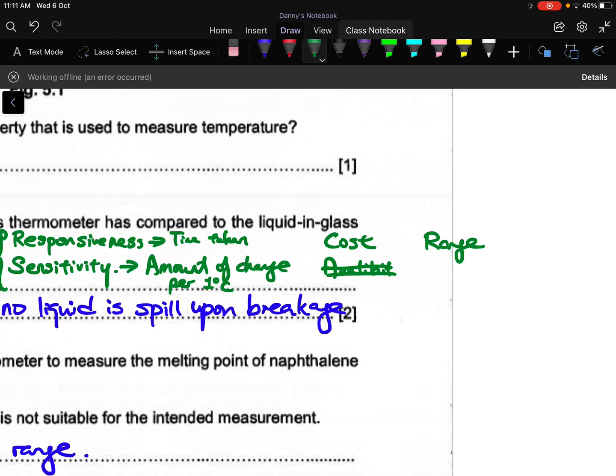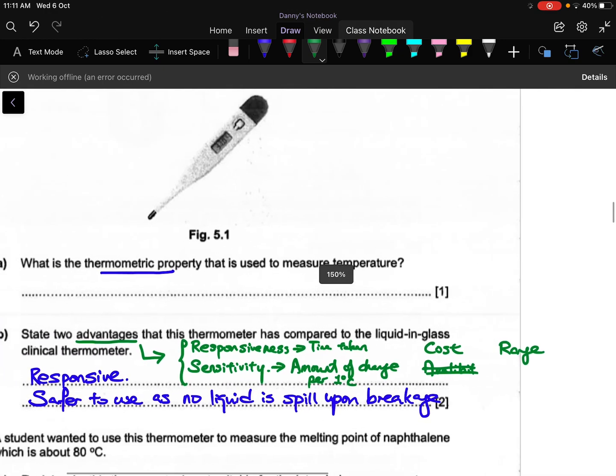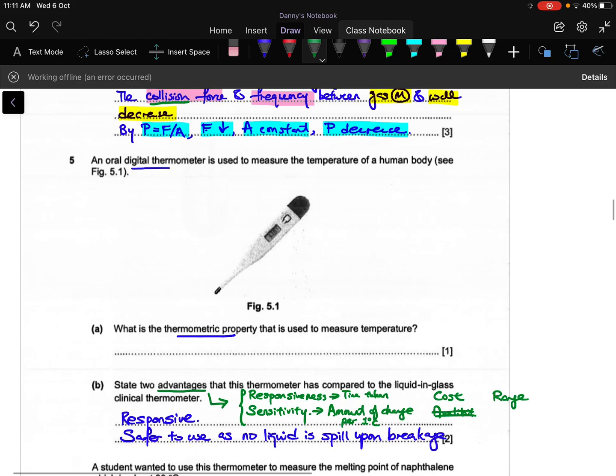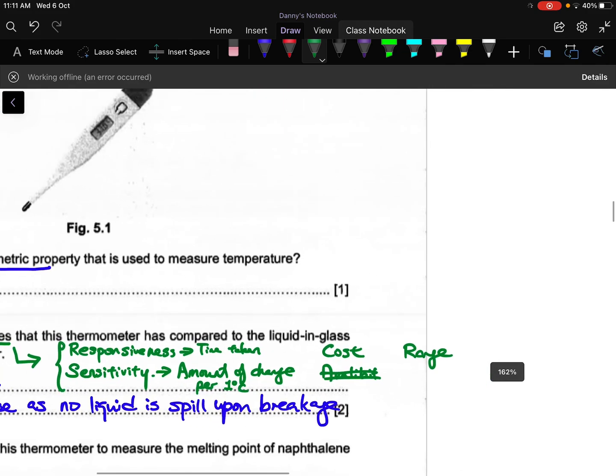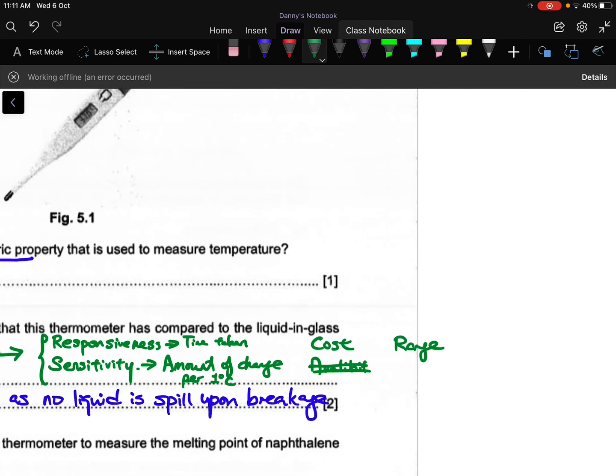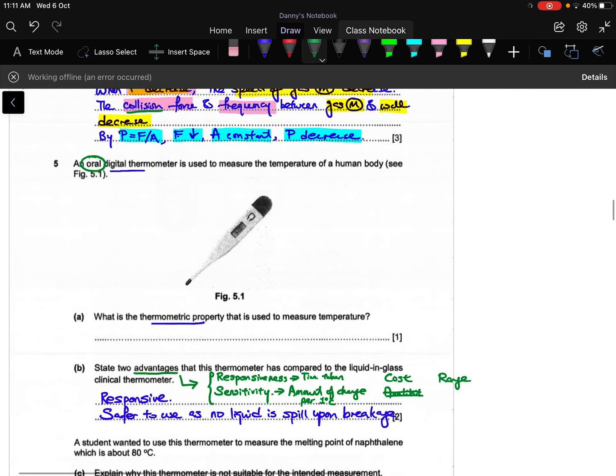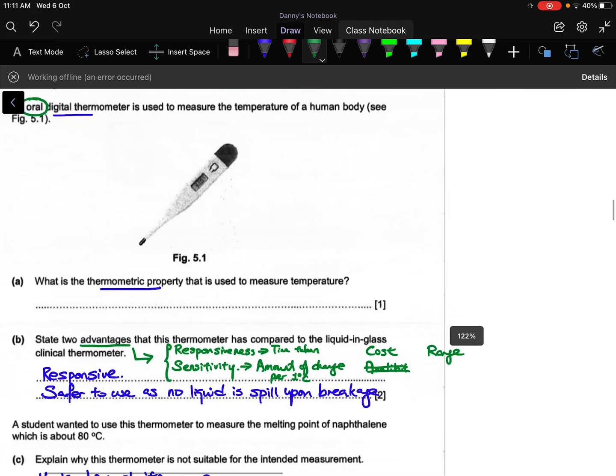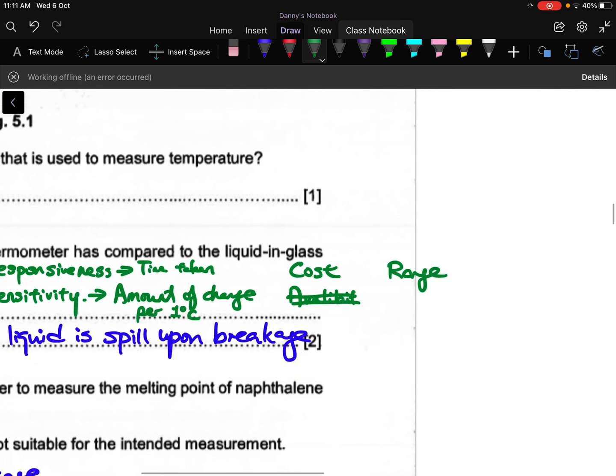So for digital thermometer, the range will definitely be larger. But in this case, because the question says that it is for our body temperature, so actually the range will be limited as it is just for normal use. But if you are talking about thermocouple, other digital thermometer, then definitely they will have a wider range than typical mercury or alcohol thermometer.